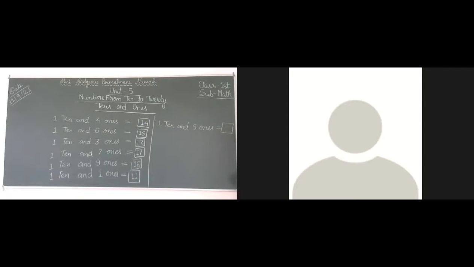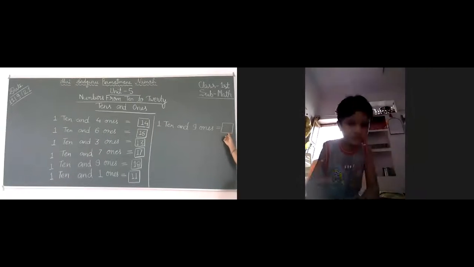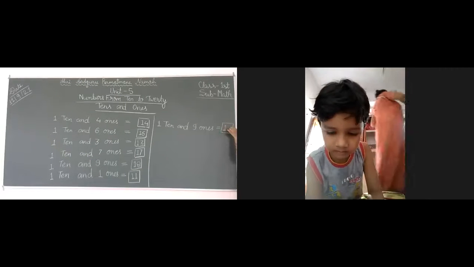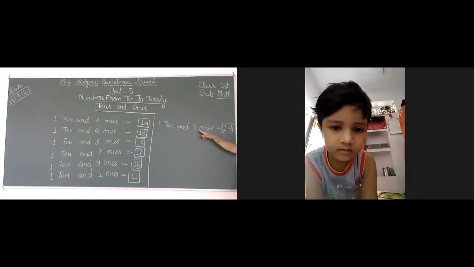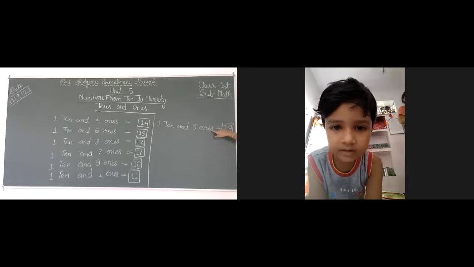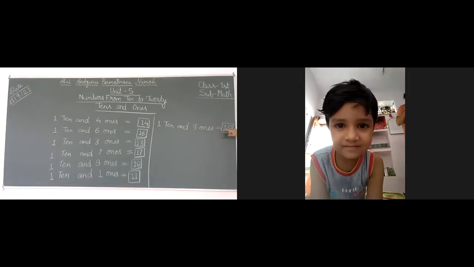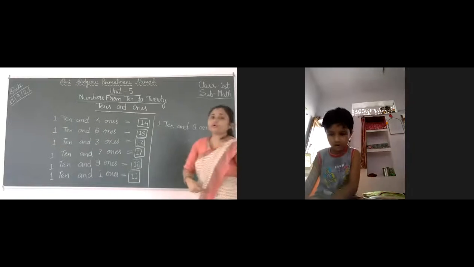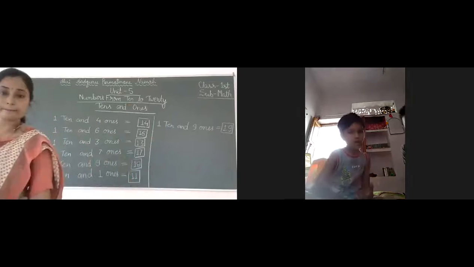Anshika, give me answer. 19, ma'am. 19. Very good. 1 ten and 9 ones is equal to 19. 9 ones and 1 ten is 19. So 1 ten and 9 ones is equal to 19. Very good. All of you write down.